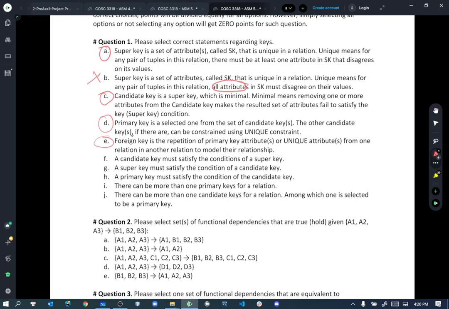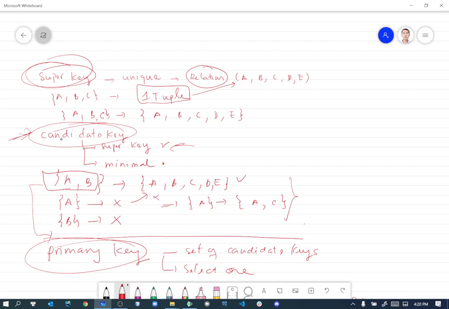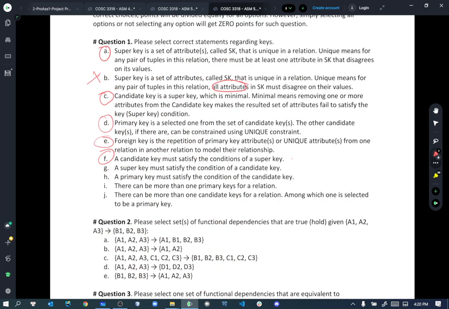So this one is true. Next one is super key must satisfy the condition of candidate key. No, the candidate key must be a super key first, that's why it satisfies the condition of super key. But a super key may not need to be minimal. So that is false. Don't select it.